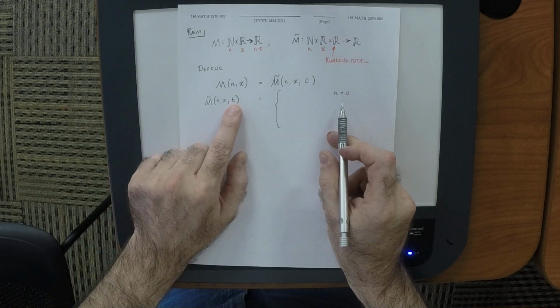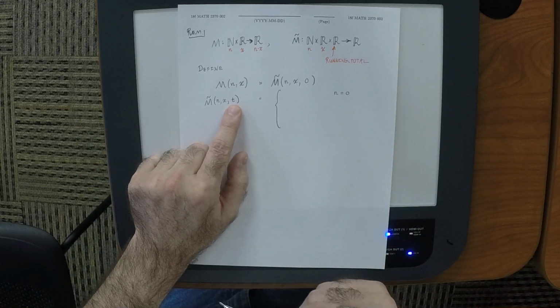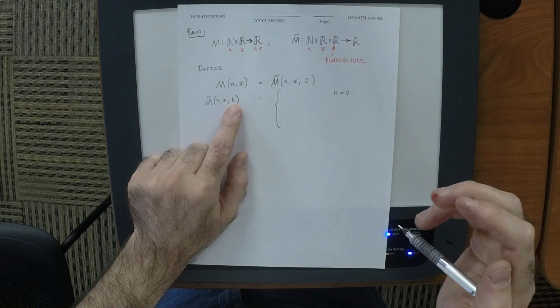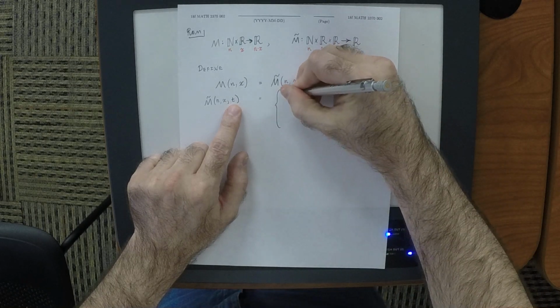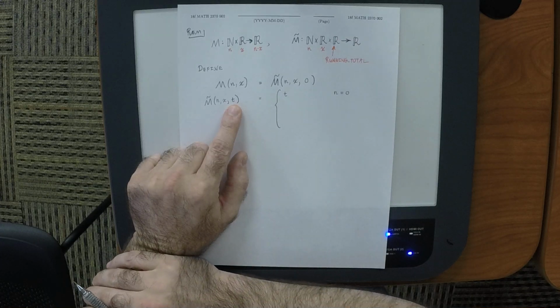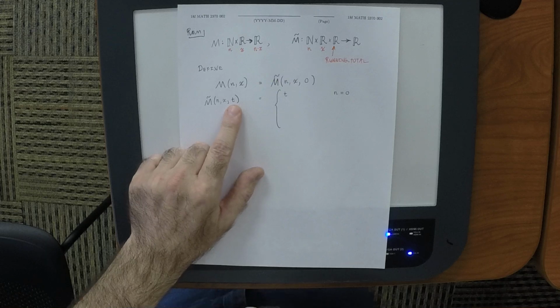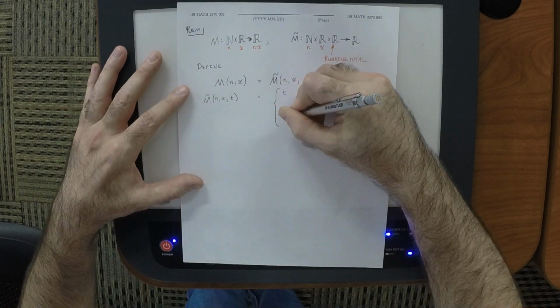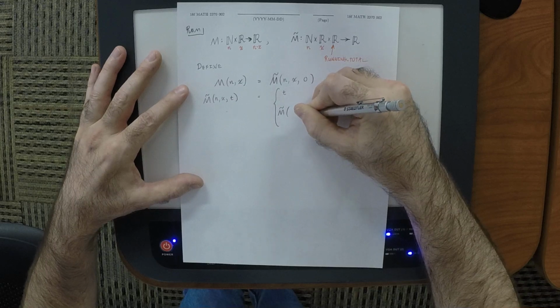It's got to be t, whatever the running total was, right? So you're asking what is the answer when you've reached the end? It's t. Okay, supposing we haven't reached the end, then we need to call m tilde again, and it needs 3 arguments.